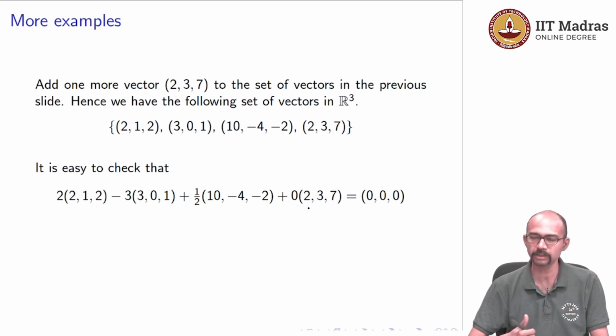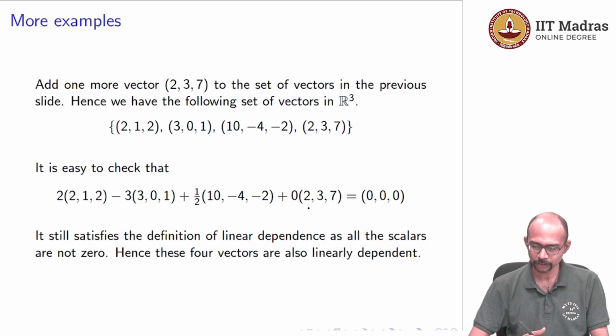So what do we do? We put the 0 coefficient for that, and we of course still get 0, 0, 0. If you are not convinced, you can do this checking by yourself, and from here it is clear that this set is linearly dependent.